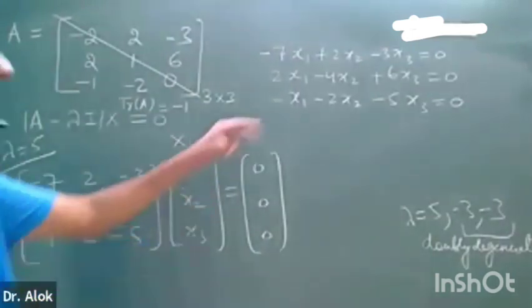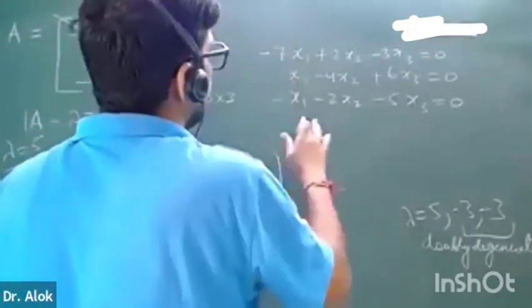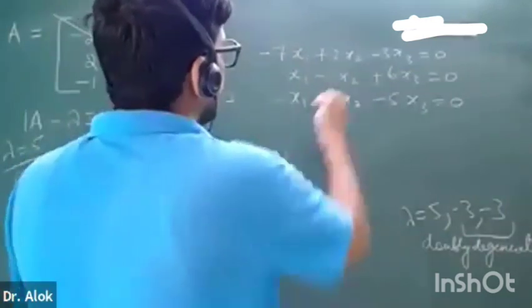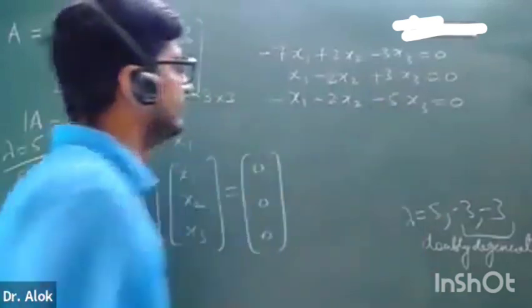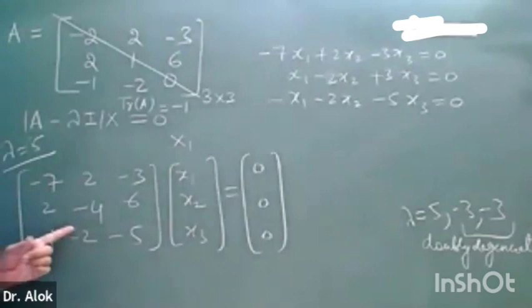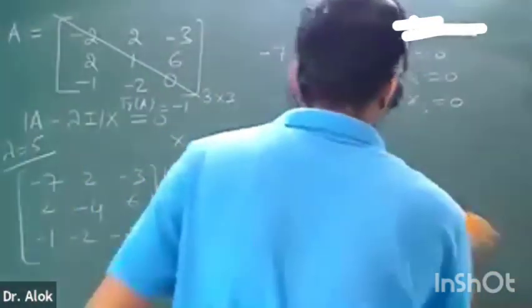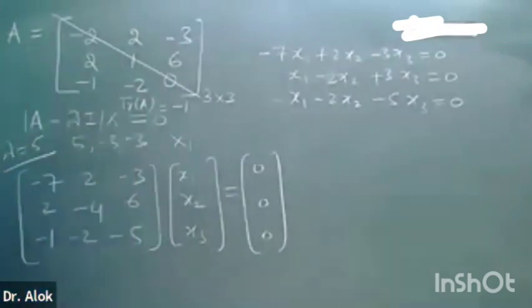What you will get here in the equations, you can divide it by 2, so it will become 2 here, 2 here, and 3 here. Or you can solve it here using elementary row transformation. That also I can show you. Eigenvalues 5, minus 3, minus 3, just to remember.